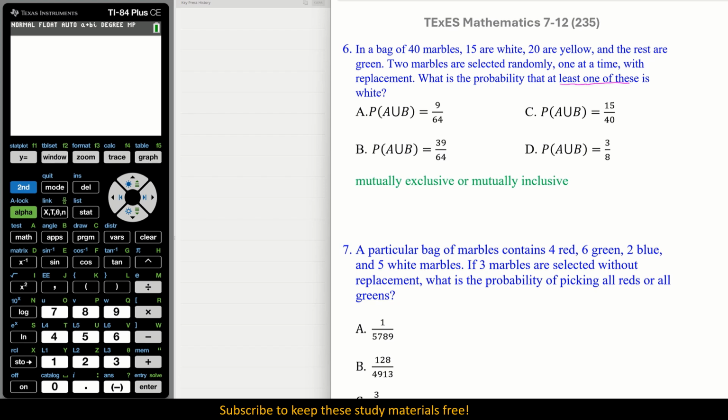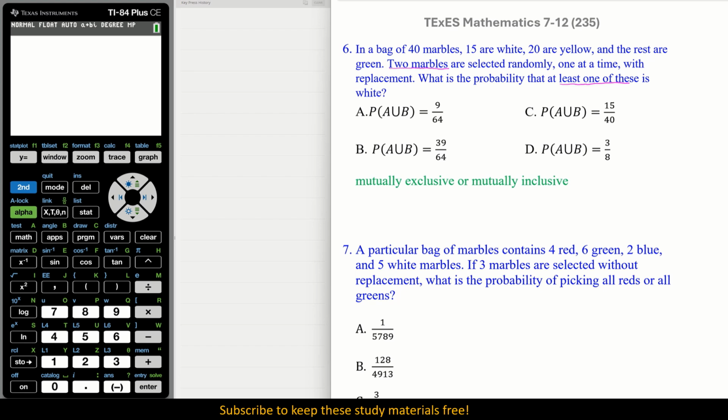Because it says 2 marbles are selected randomly, one at a time. Even though you're selecting one at a time, it says at least one of these, okay? And you have a replacement. So we can have a repetition of white.